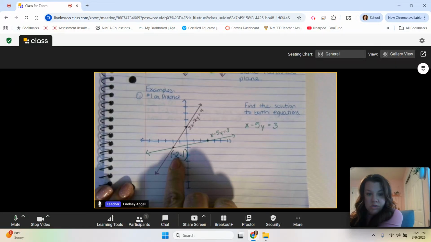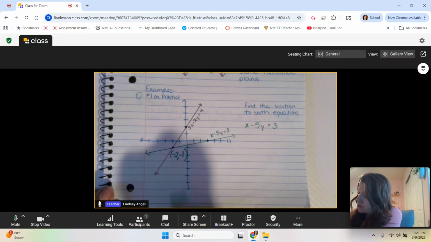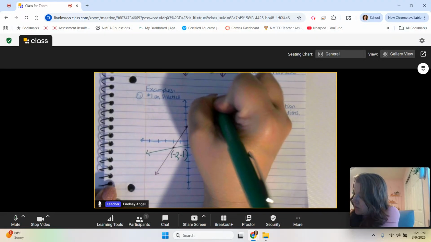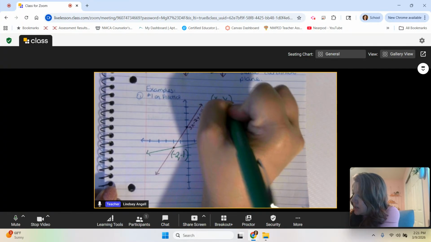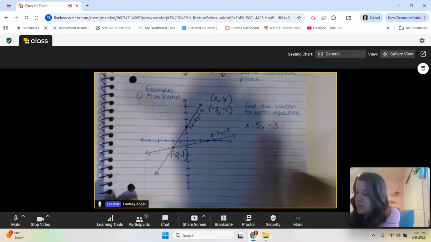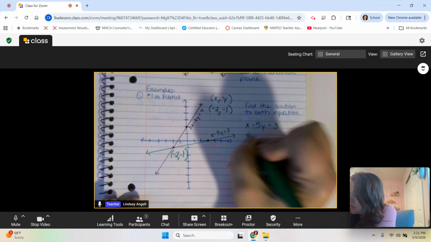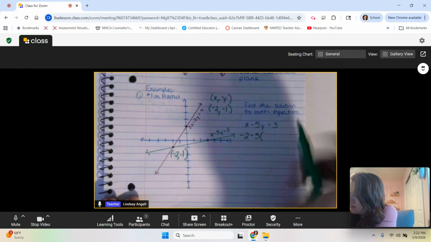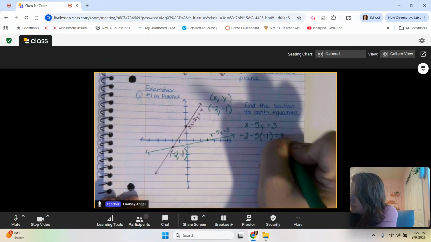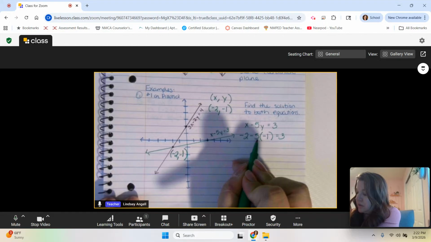Well, our solution is -2, -1, so my x value I'm going to replace with a -2, and my y value I'm going to replace with a -1.